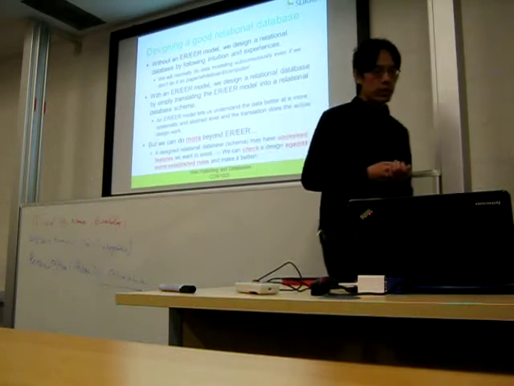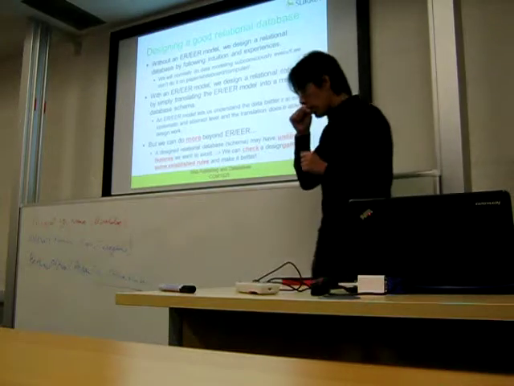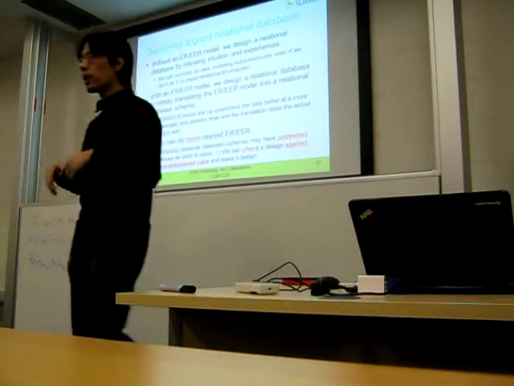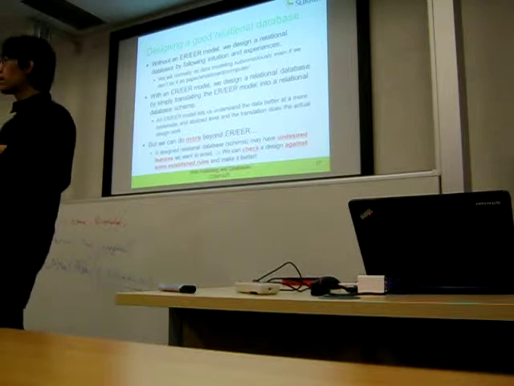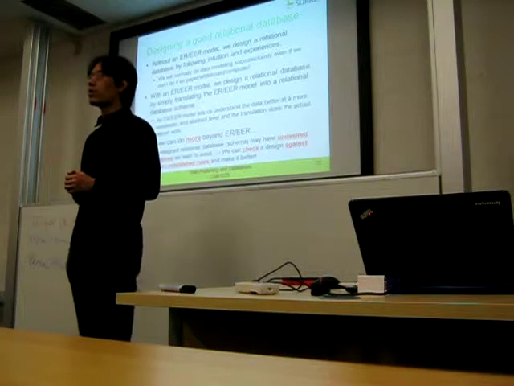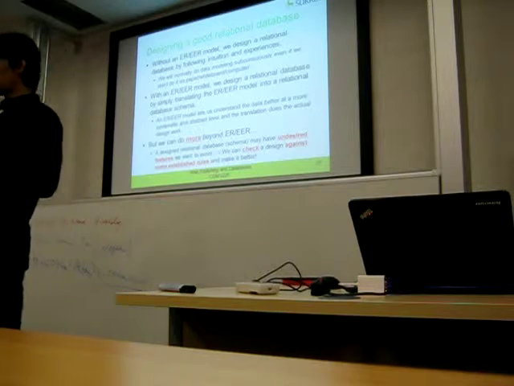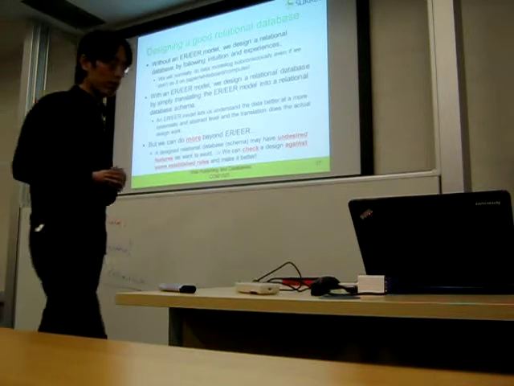Other than trying to have a good model and then translating it to a relational database, there's also another way of doing the same thing. You can design a database, and then you have a number of rules which you can check to see if you designed it properly. If not, you change it, and keep improving until you have a better design.